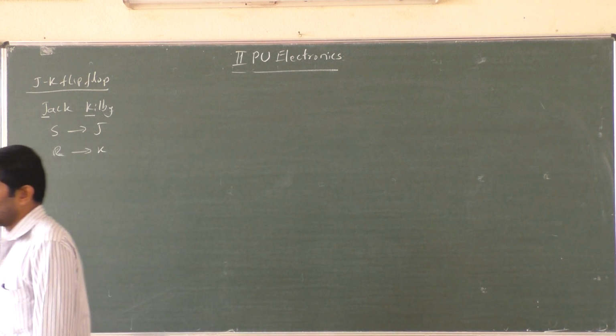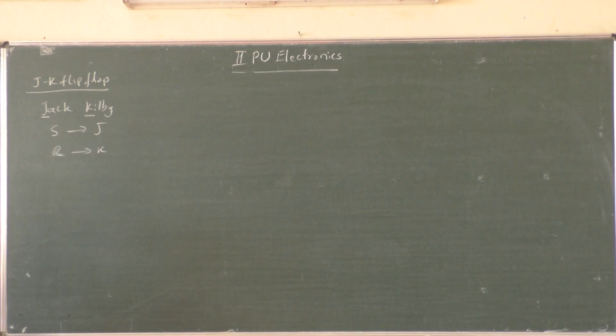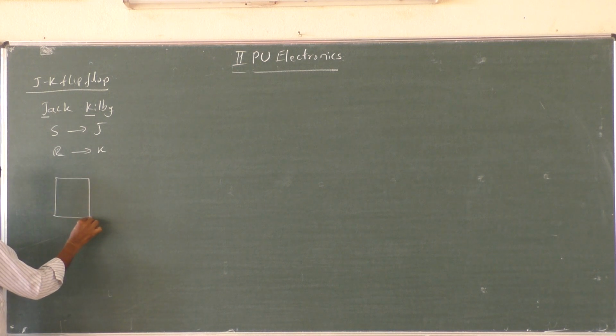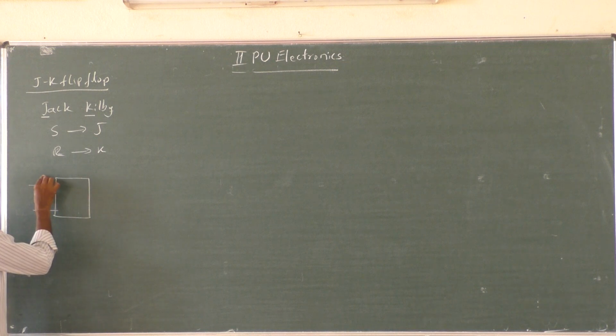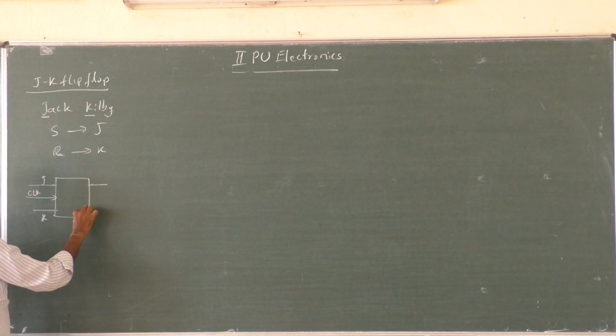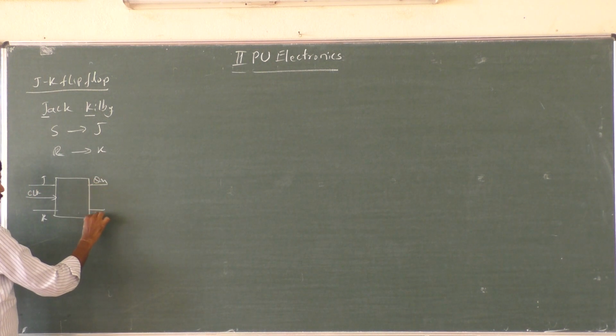Okay. Next, the JK flip-flop. What is the block diagram? The block diagram is like this. See, J, K and clock, Qn and Qn bar.